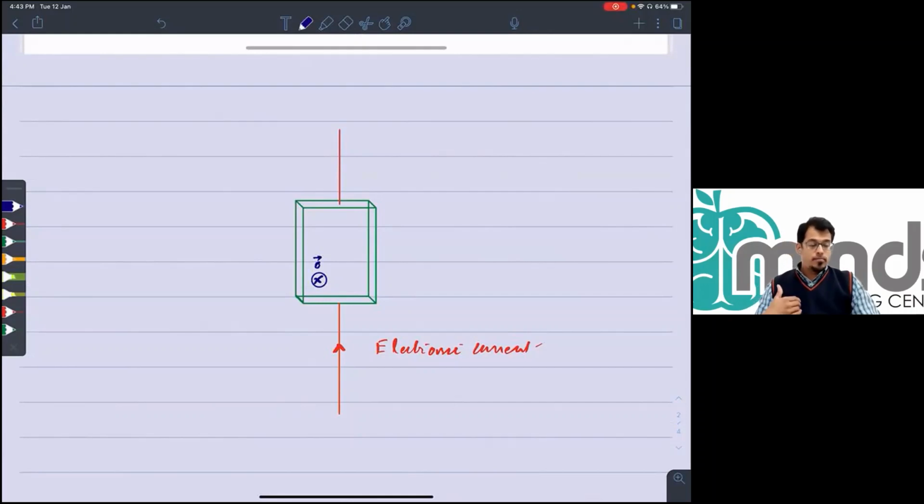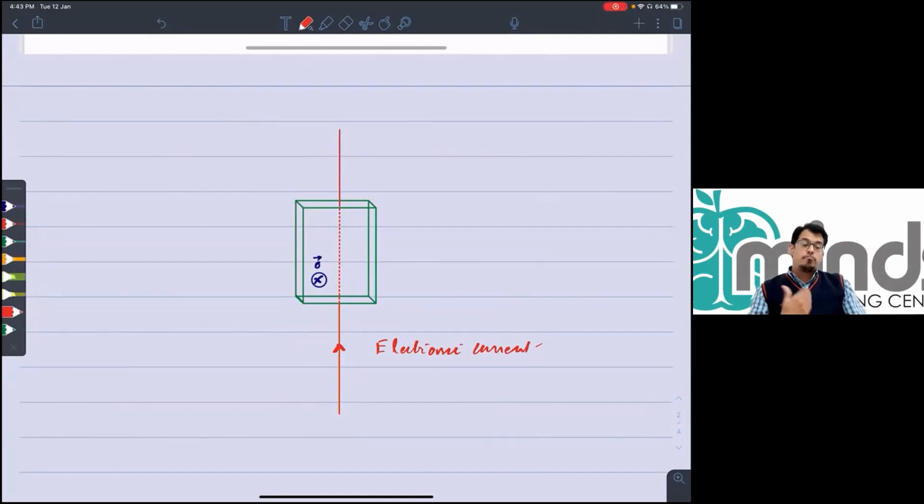Now, what will actually happen? The current will start to flow. The moment current enters that metallic block, there is a magnetic field which is into the board. What will happen? Electrons will not keep on traveling in a straight line. Ideally, if there wasn't any magnetic field, the electron would keep on traveling along this straight line.